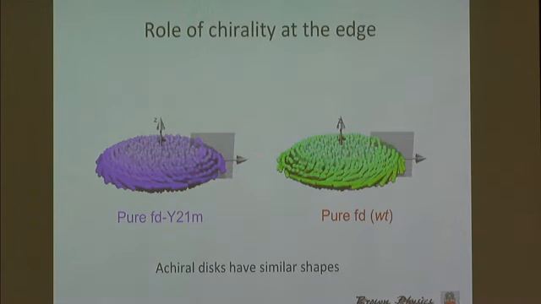Now, what is chirality? I mentioned these things are chiral, and that you can have both left-handed and right-handed chirality. These are in wild type, and then there's the mutation Y21M. Not surprisingly, the chirality will tell you the sense of the twist near the edge.